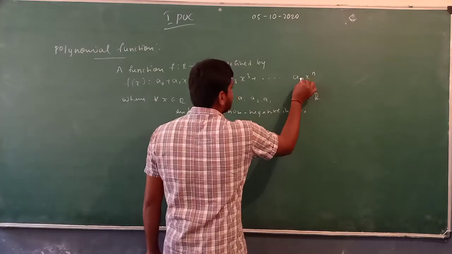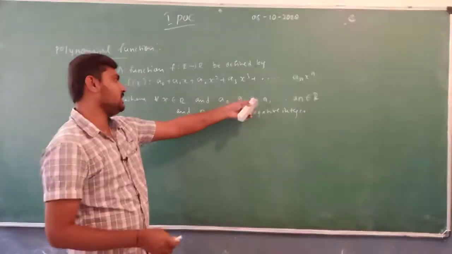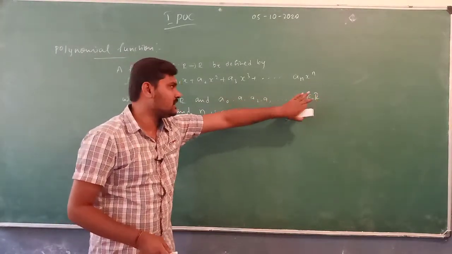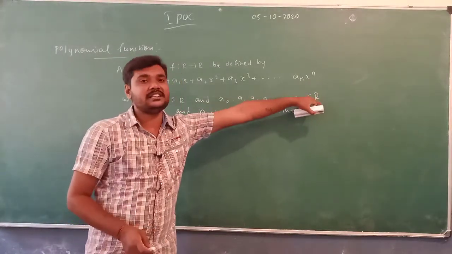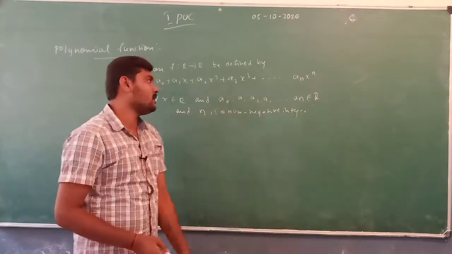So this n may be the non-negative integers, and a1, a2, a3 up to an belong to the set of real numbers. So we have mentioned, or we can say that it's going to be the non-negative integer itself, or the set of real numbers.